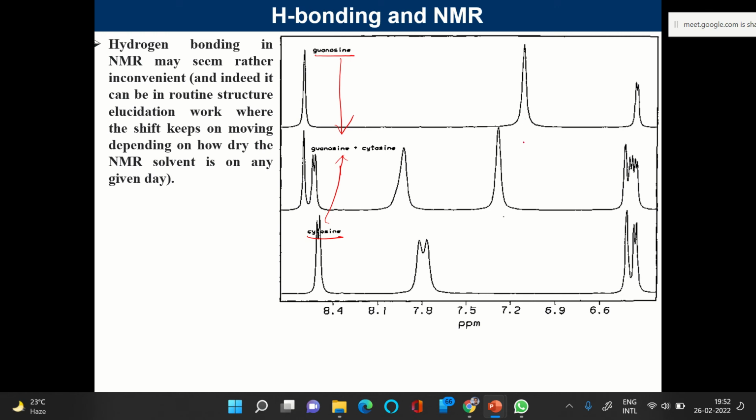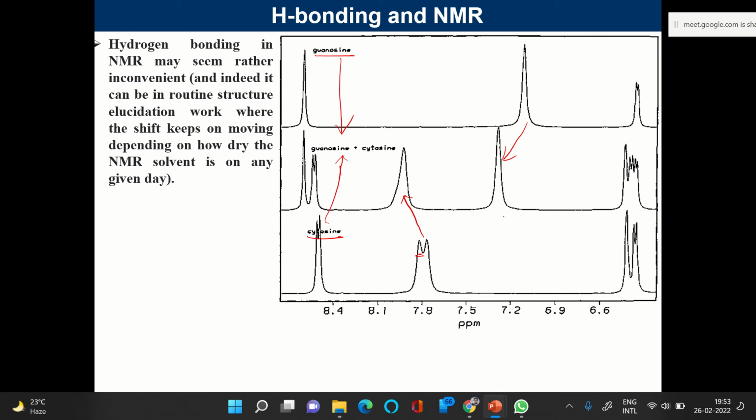You can see this shifting to here, and this one too. It shifts and also becomes broader, and that's why the two peaks which were appearing here have moved to a higher chemical shift, and because of the broadening, they appear to be merged into one. This kind of thing happens, and it is very helpful because it tells you that there is interaction happening.